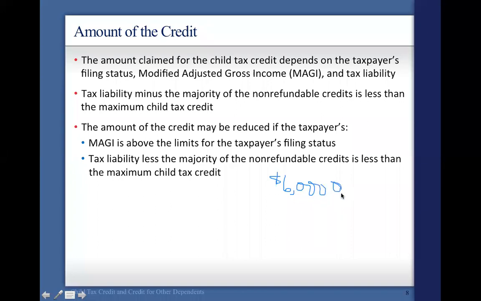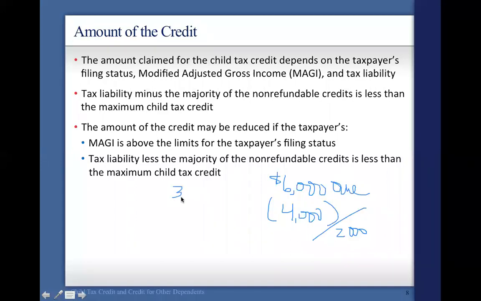And this is what you owe. And you're able to take this $4,000 for 2 kids. That means that you would only owe the government $2,000. It reduces the amount of tax liability that you owe.